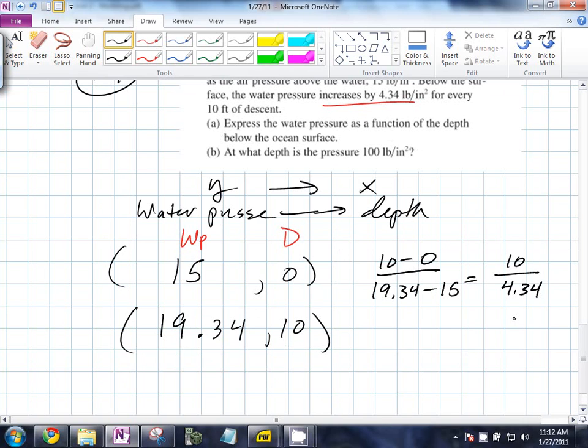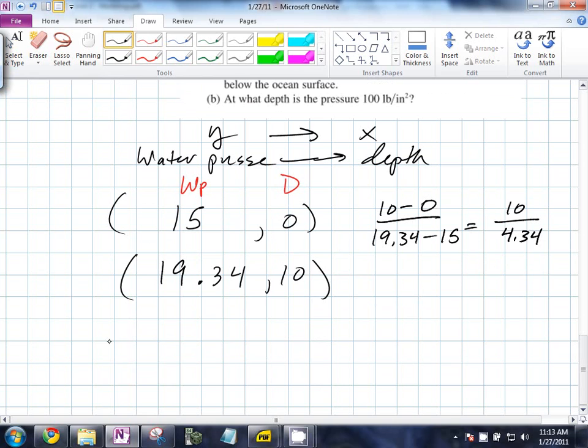So we end up with D minus... What point do you want to use? This one or this one? Well, D minus 0 is equal to 10 over 4.34 times water pressure minus what? 15.